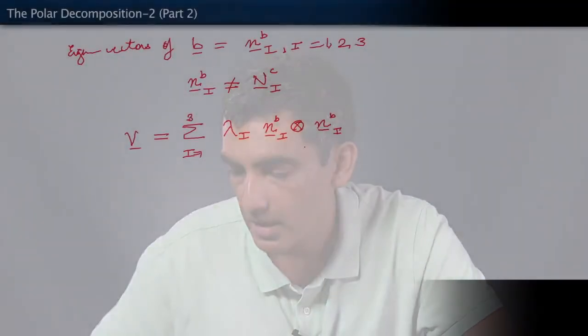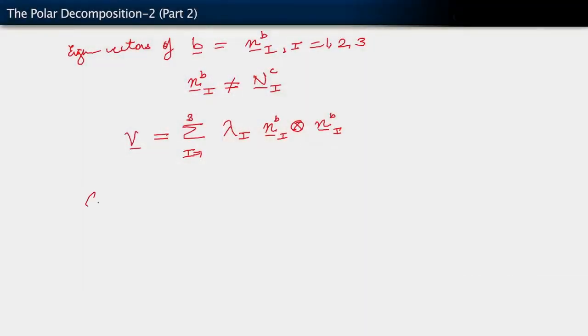Is there anything else I need to say here? Just one last thing. We're talking about how to write U, V, B, C in terms of these eigenvectors. You may ask, what about R? Why leave it out?